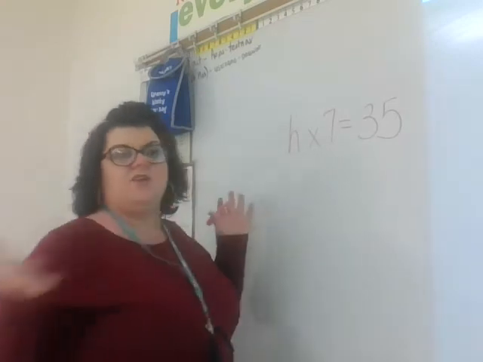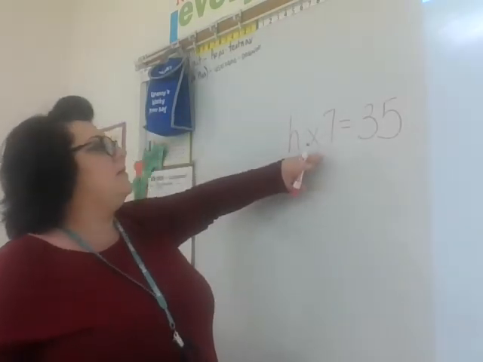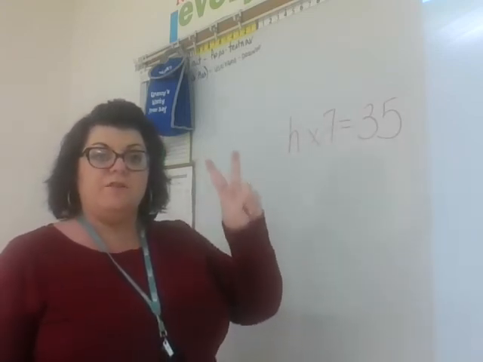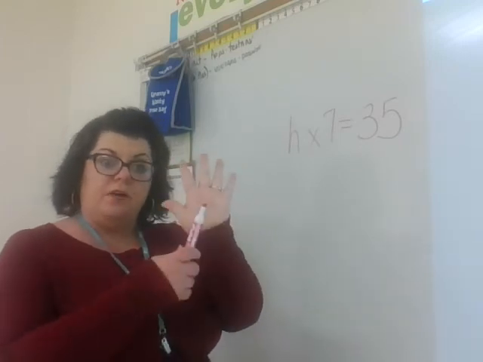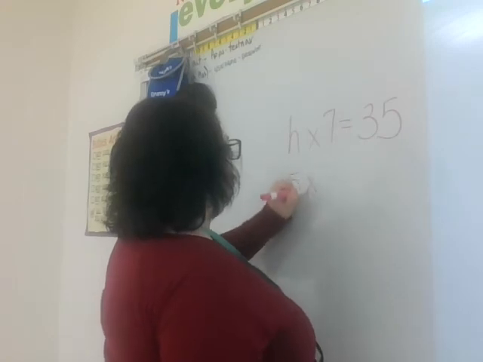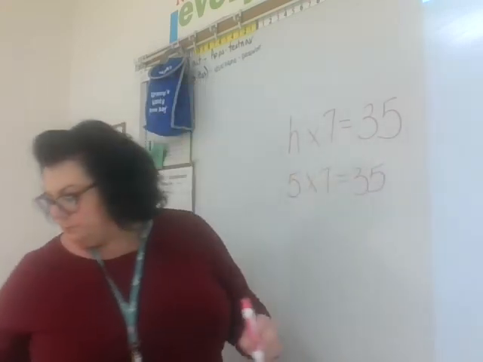It means it's unknown. We don't know what it is. It's like saying what times 7 equals 35. 7, 14, 21, 28, and 35. Oh, 5, right? So you would have 5 times 7 equals 35.